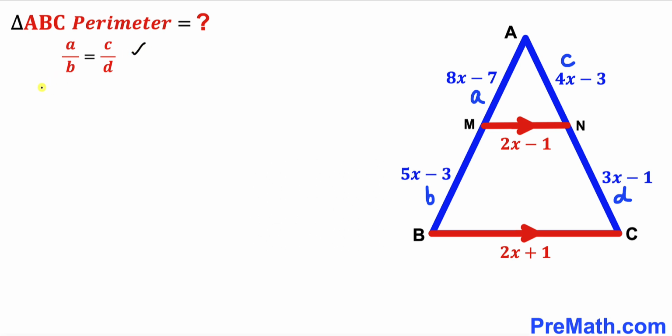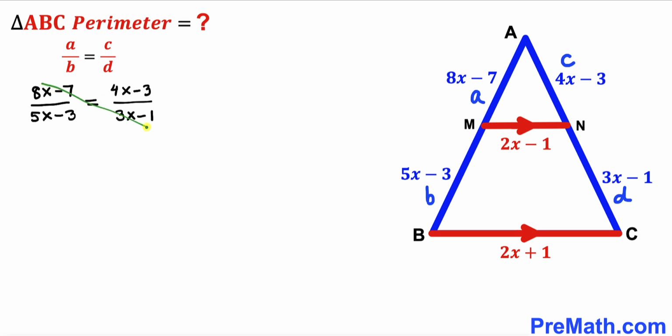In our case, 8x minus 7 divided by 5x minus 3 equals 4x minus 3 divided by 3x minus 1.